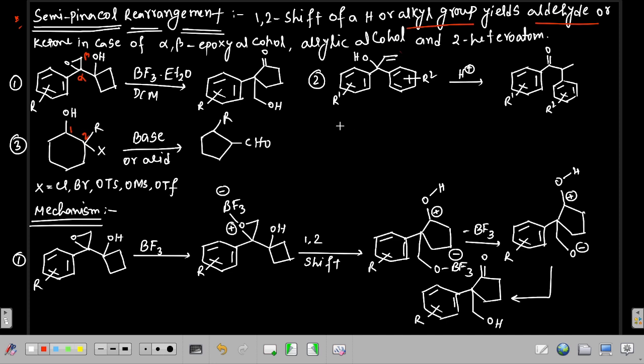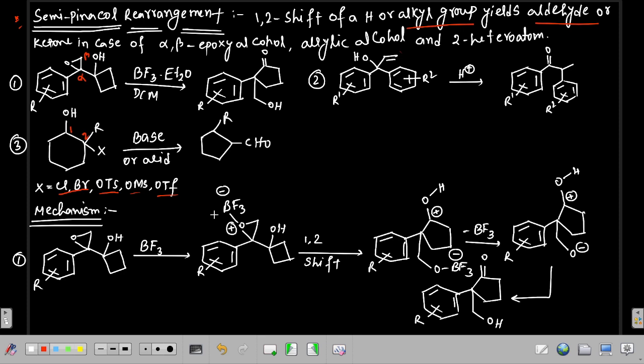In this case, this hydroxyl group is replaced by this epoxy group or allyl group, and this heteroatom is some heteroatom like halide, or some leaving groups like tosyl and triflate, OTf, OTs, OMs, these leaving groups. Okay, and it leads to the formation of different carbonyl compounds.